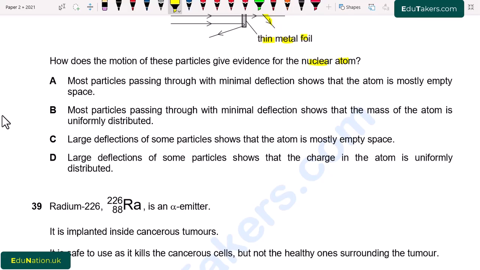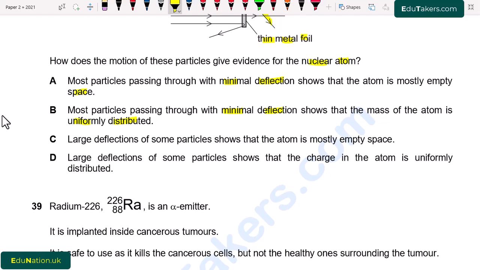MCQs. A. Most particles passing through with minimal deflection shows that the atom is mostly empty space. Option B. Most particles passing through with minimal deflection shows that the mass of the atom is uniformly distributed.